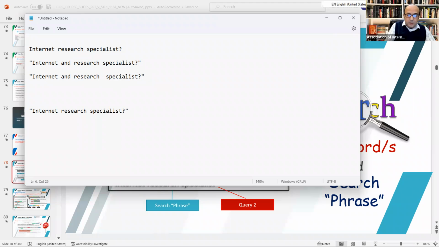Whereas if instead of an asterisk we had any other symbol, like a dash here, or another notation, then being inside of the quotation, it is asking to match it exactly the way it is written. Therefore, research dash specialist with a question mark will remain intact as a term that needs to be matched along with everything else inside of it, just the way it is written.